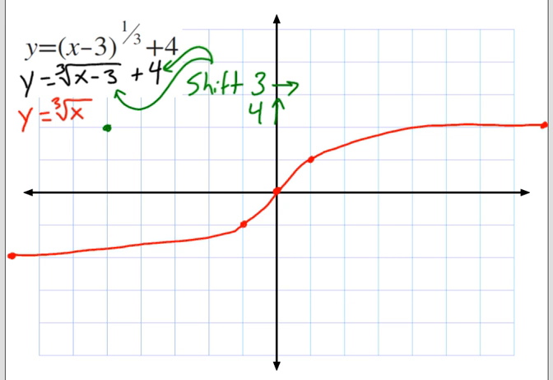There we go. Okay, now let's look at the next one. Our negative 1, negative 1. 1, 2, 3, 1, 2, 3, 4. There we go. And now our 0, 0. 1, 2, 3, 1, 2, 3, 4. Our 1, 1. And our 8, 2 is going to be way off of this picture.